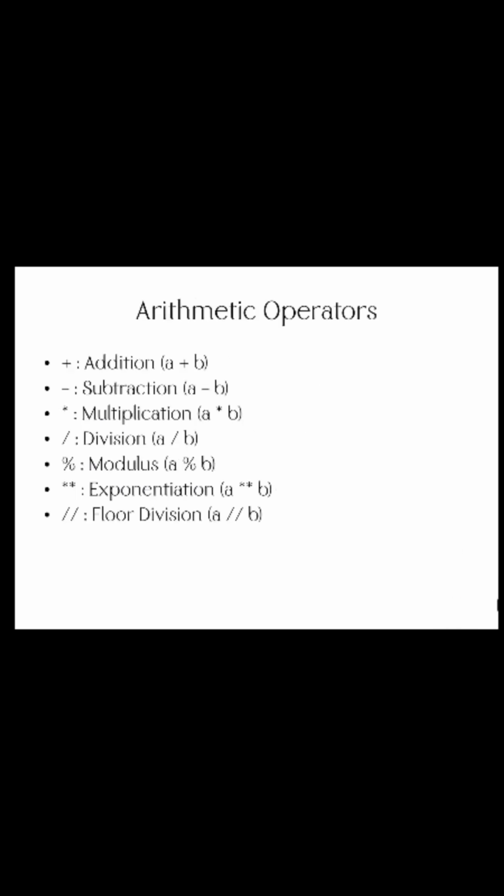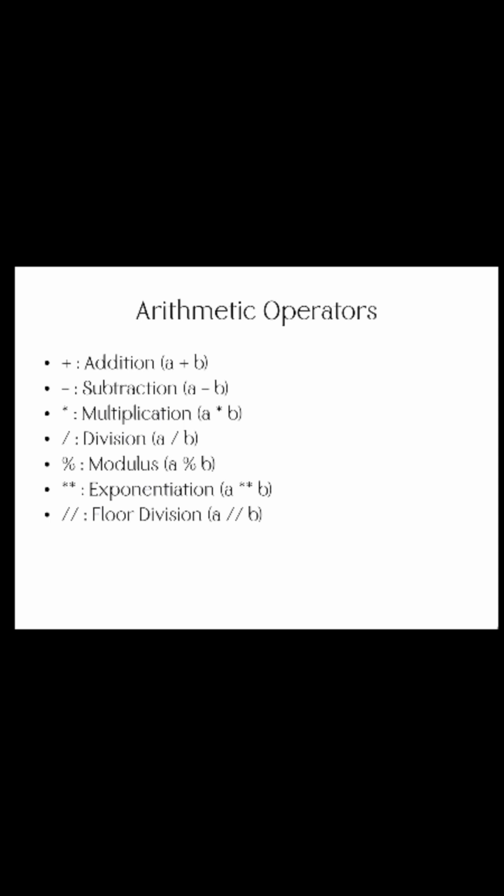The first one is arithmetic operators. Here we have addition, subtraction, multiplication, division, modulus, exponentiation, and floor division. As we all know, these arithmetic operators are already learned in the C language.